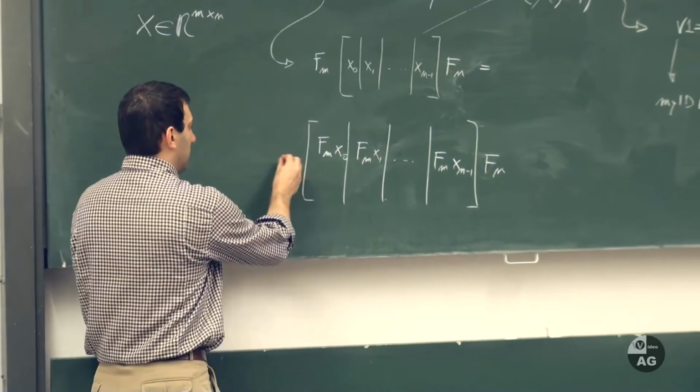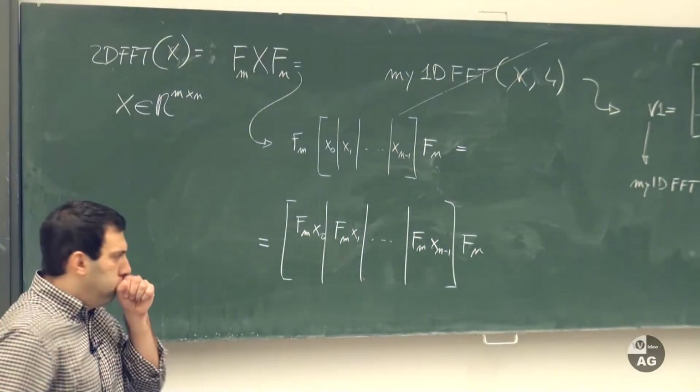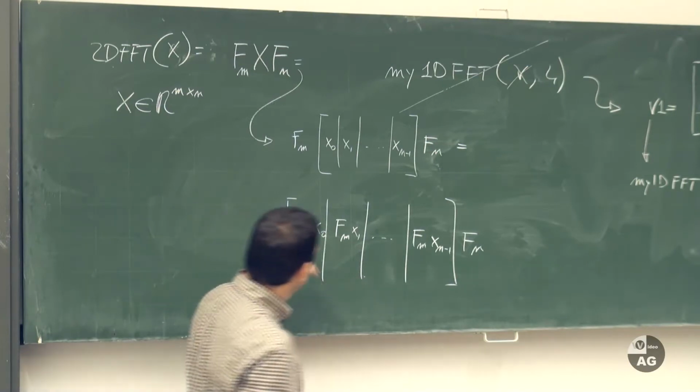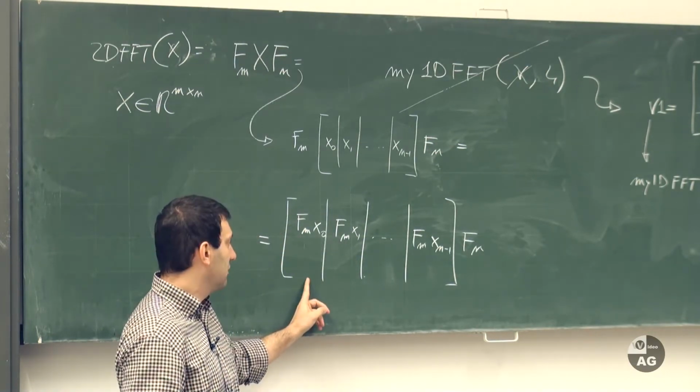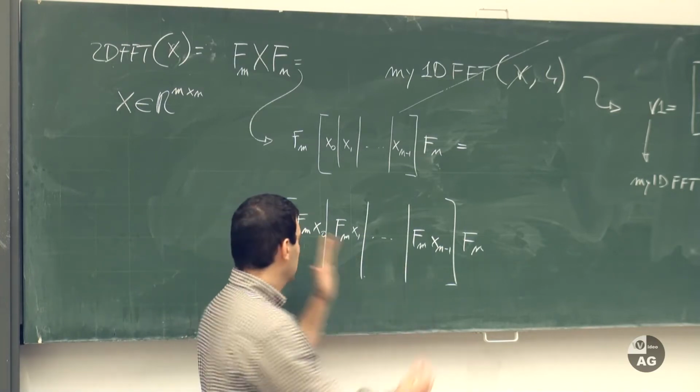And what is this? Fourier transform, 1D Fourier transform of each column.